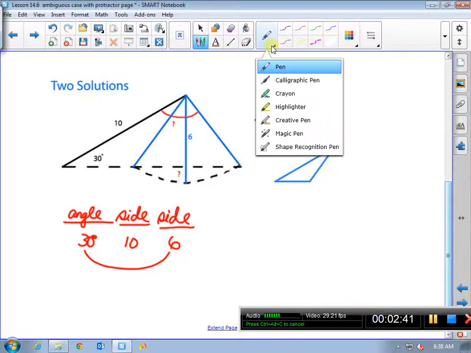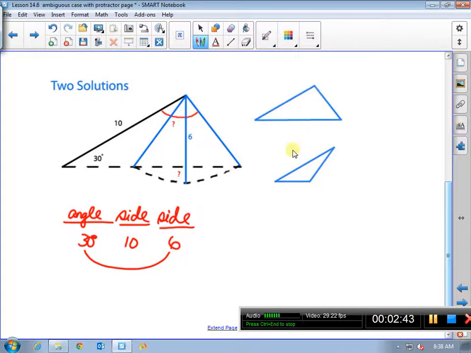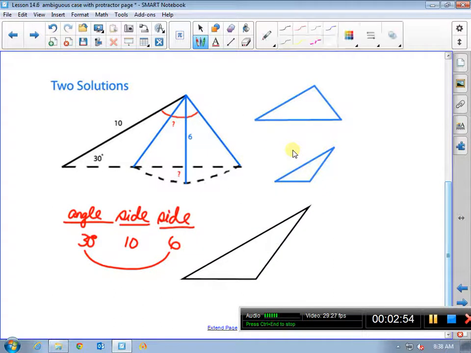If we take a look, one triangle that's possible with those sides is here. I'm going to pull that triangle out. So there's one triangle with 30 degrees, 6, and 10. And then there's another triangle with the 30, the 10, and the 6.